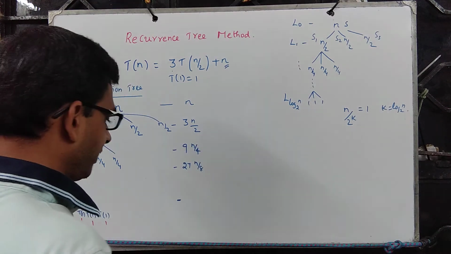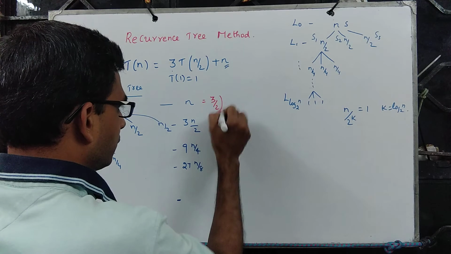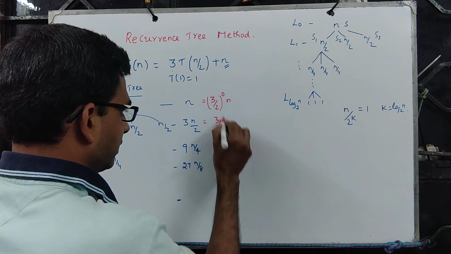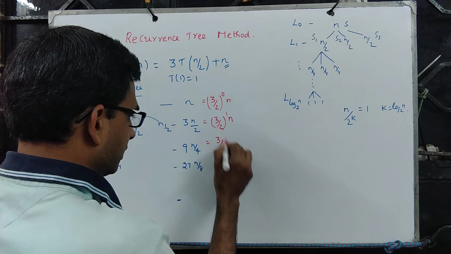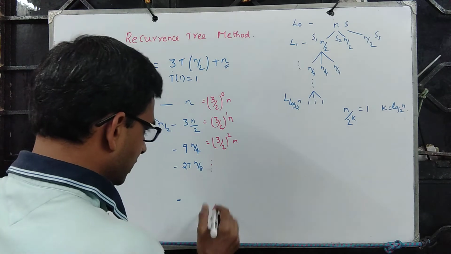This one can simplify. So this becomes (3/2)^0 times n. This is (3/2)^1 times n. This is (3/2)^2 times n. Like that it goes.